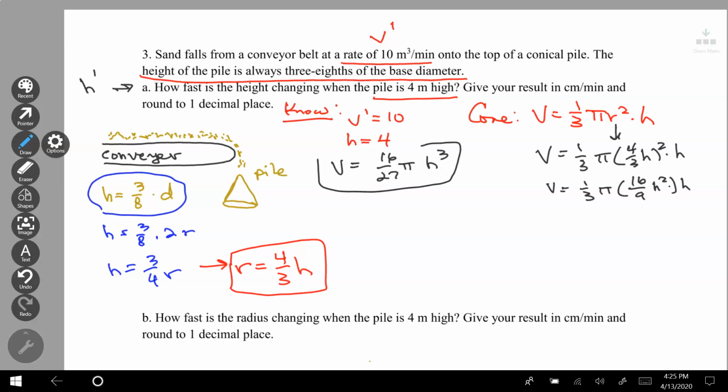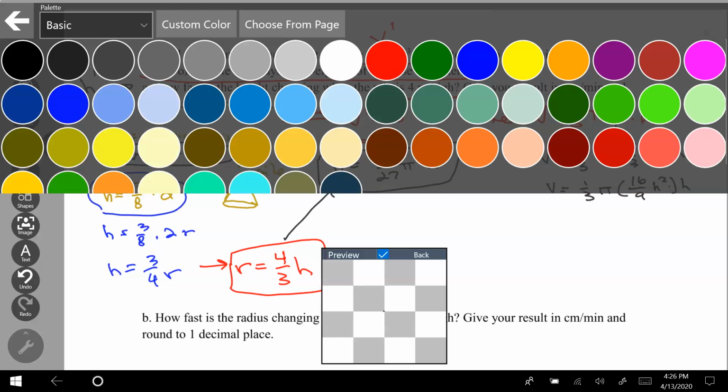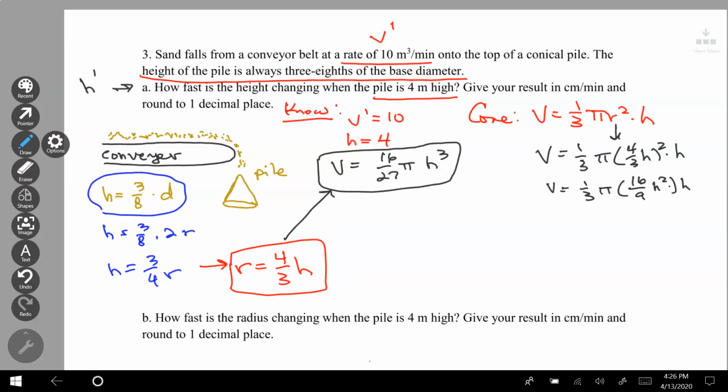This is the equation I'm using based on getting rid of the r. So now I can take its derivative. I'm going to take the d/dt of all this, and I get v prime is equal to 16 over 27 times pi times 3 h squared times h prime, or v prime is equal to 16 over 9 pi h squared times h prime.